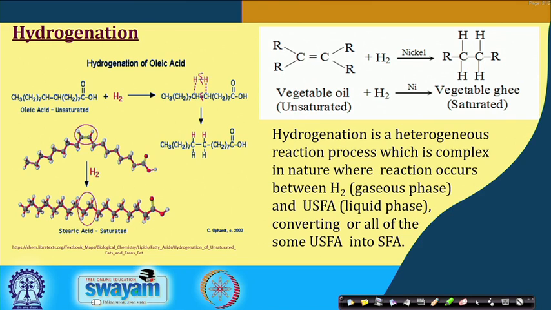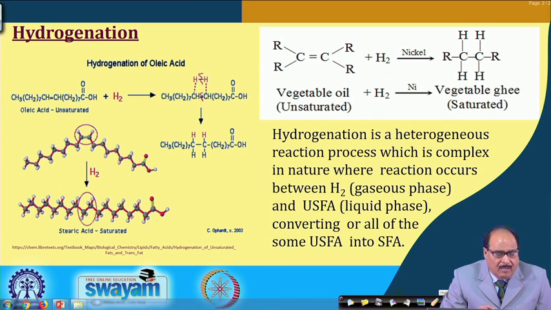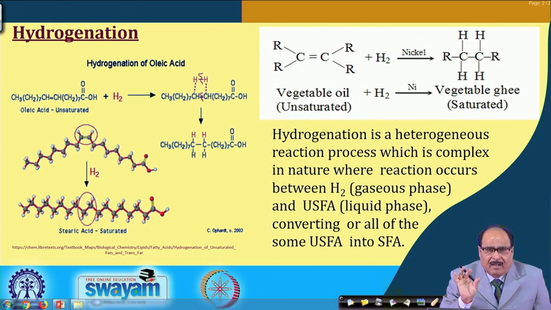And these reactions between the gaseous phase and the liquid phase convert either all or some of the unsaturated fatty acids into saturated fatty acid. You can see in these diagrams here, that is the unsaturated fatty acid. In the earlier class, we have seen that the valency of the carbon is not saturated.